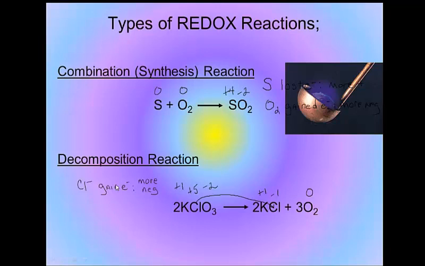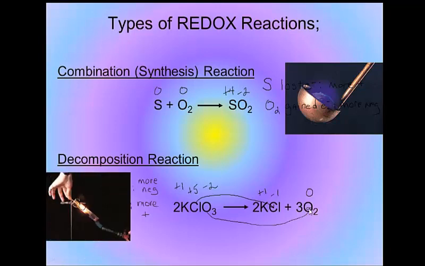The oxygen in the reactant lost, so it's becoming more positive. It went from a -2 to a 0. And write that down, and a little picture of that. There's a decomposition reaction.